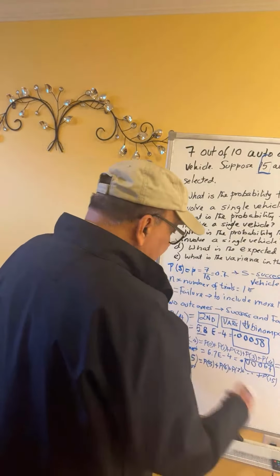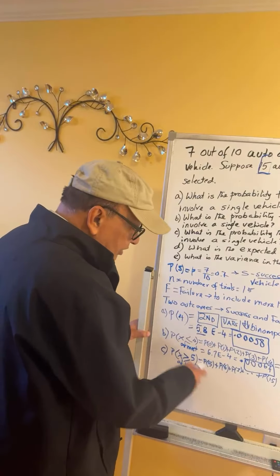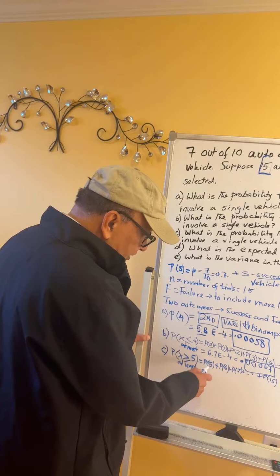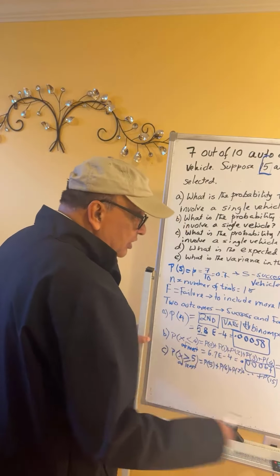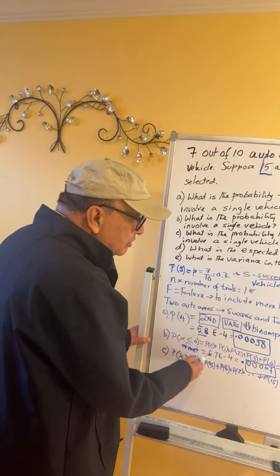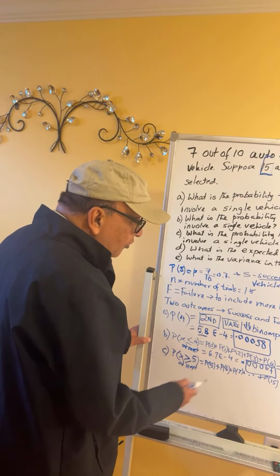The other alternative is to think of the complement. The complement of at least 5, meaning starting from 5 up to 15, is the opposite of it, what we are not including, 0 to 4.